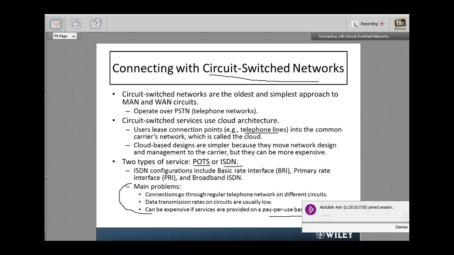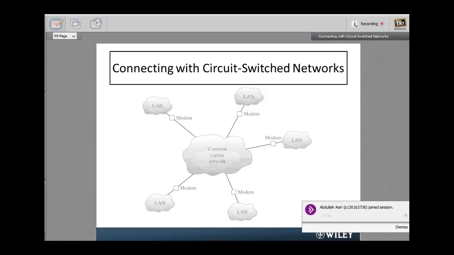So this is called the pay-per-use business model. Here you see the connection in the circuit switched network.